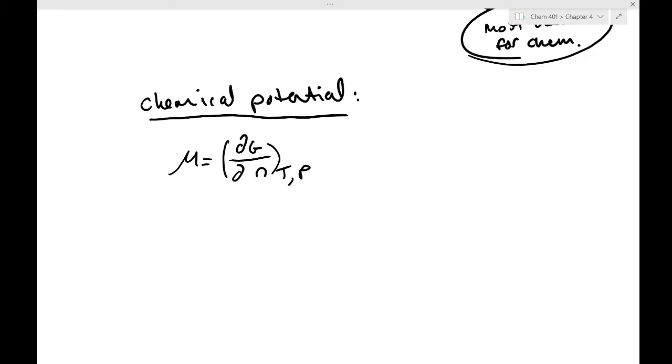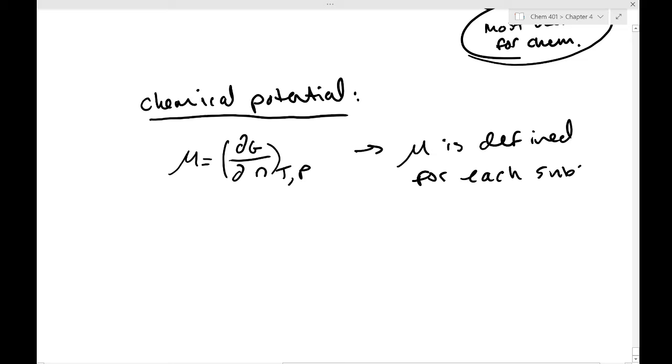And importantly, mu is defined for each substance within a reaction. A better way to write that is to call this mu sub i, where i is the substance. This is a definition, so these should be a triple equals.